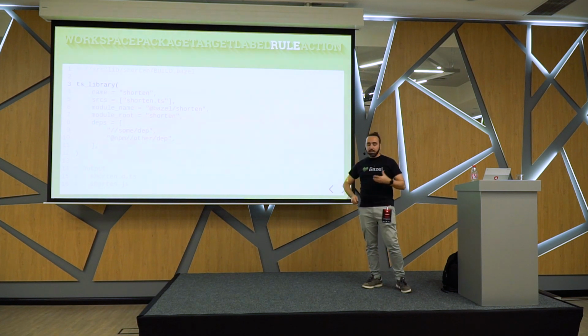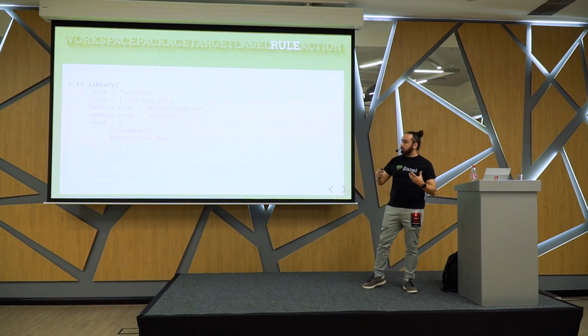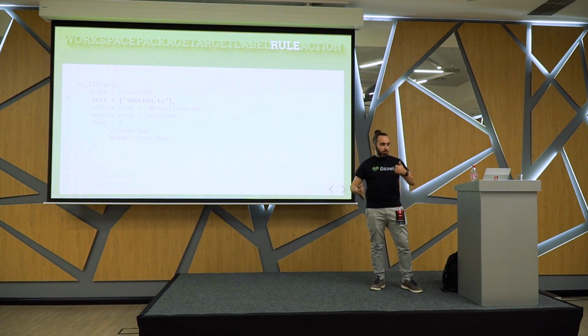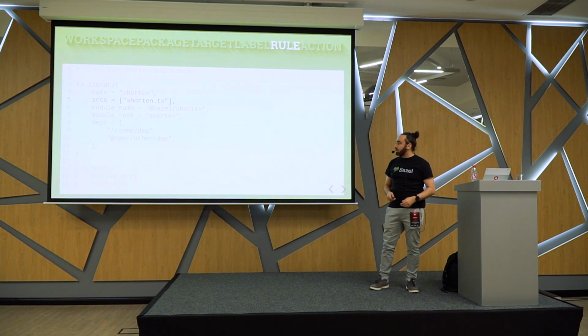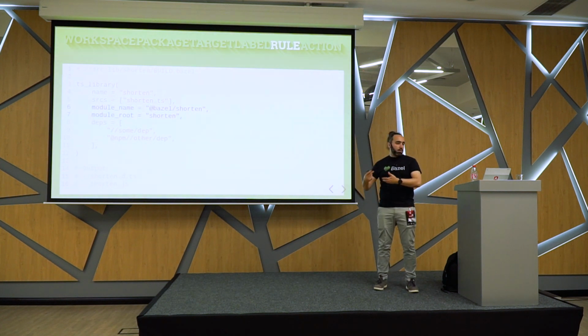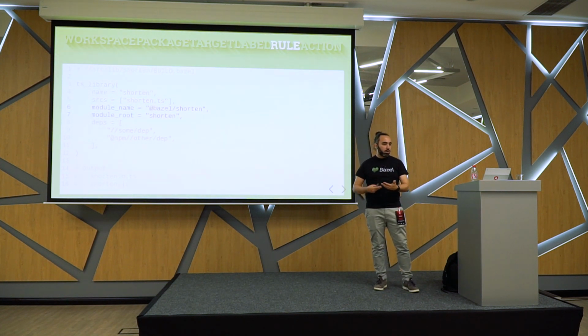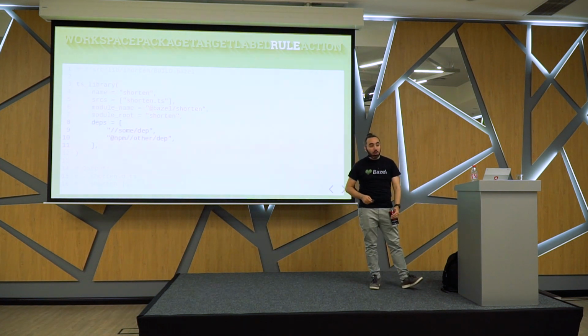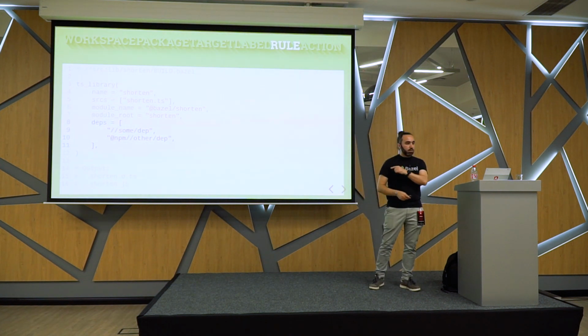You call the ts_library function, you give it a name, and then a set of inputs. Here we only have one file, which is shortened.ts. You can give it extra optional or mandatory properties, which are required by the specific rule. And then, of course, you have to list all the dependencies for this specific rule.